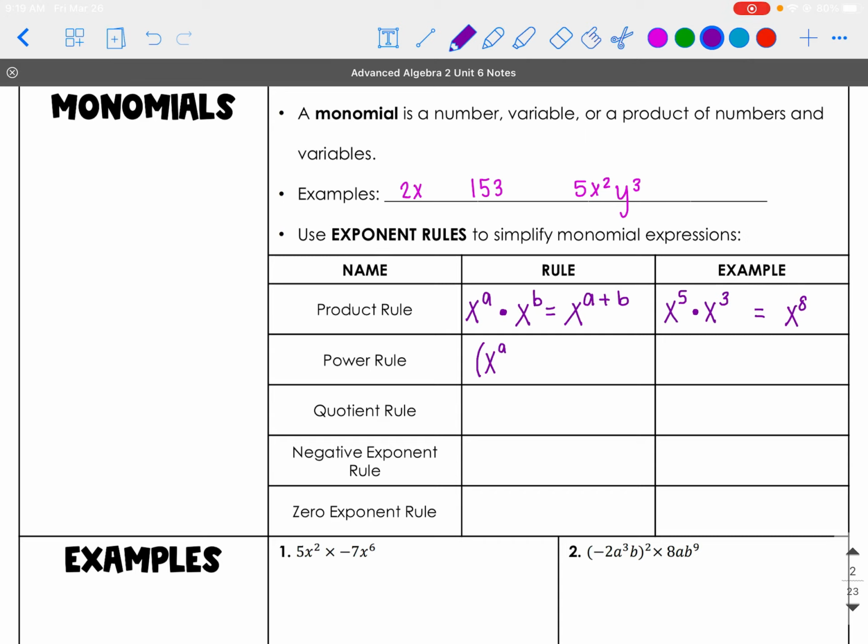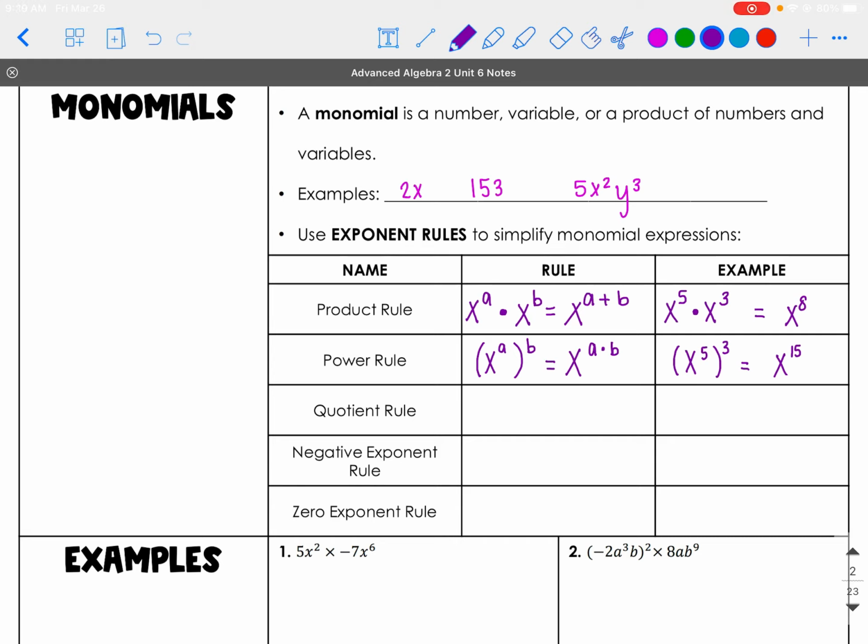If I have x to the a power raised to the b power, so I am raising a variable to another exponent, you multiply a times b. So for example, x to the 5th cubed, that would be x to the 15th power.